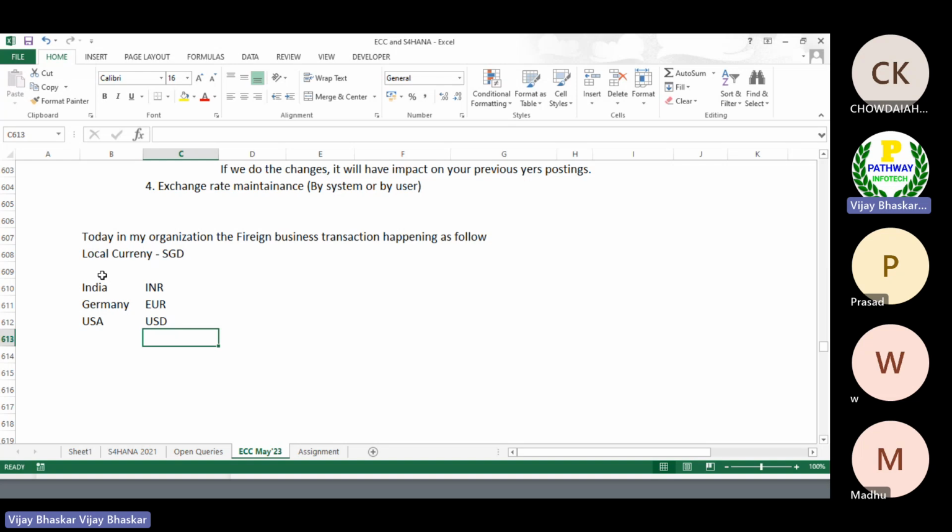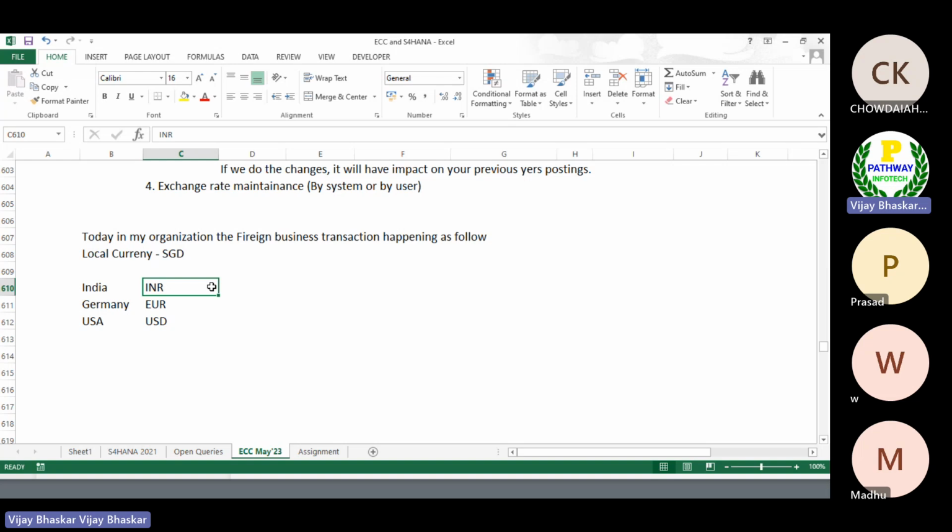What is the last closed? Every day the markets get closed at 3:30 p.m. During the close, what was yesterday's closing or today's closing price? That price only they will consider and update into the system.